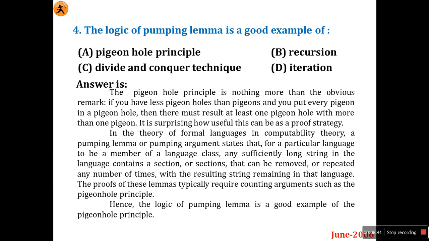If we have fewer pigeonholes than pigeons and you put every pigeon in a pigeonhole, then there must be at least one pigeonhole with more than one pigeon. So if we have n pigeonholes and n plus 1 pigeons, then at least one hole should contain 2 pigeons. This is the famous theorem.